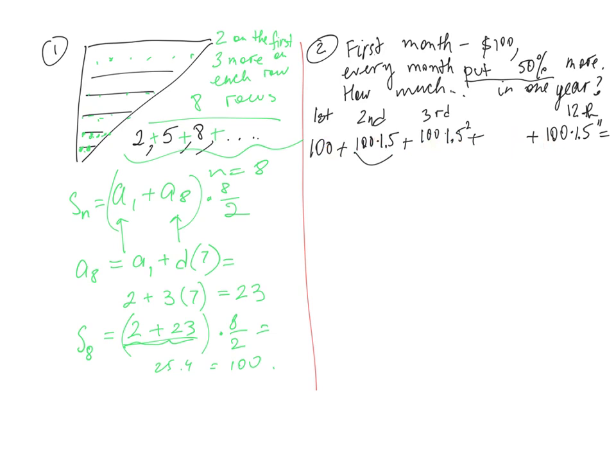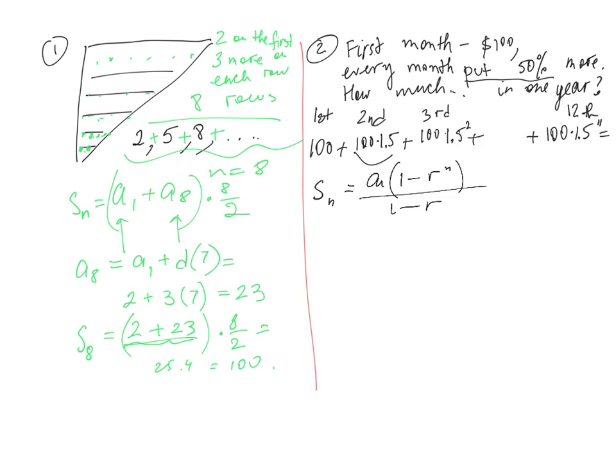By 1.5, right? So it's a geometric series question. Let's write the formula. Do we know how many terms? Not yet. So let's just write the formula in general. A1, 1 minus r to the n over 1 minus r.